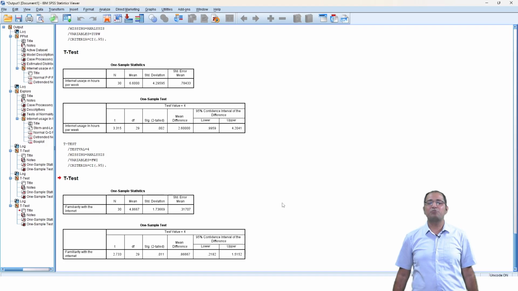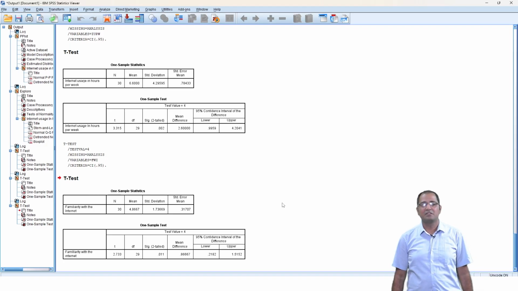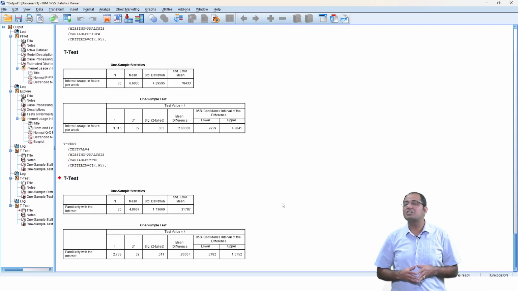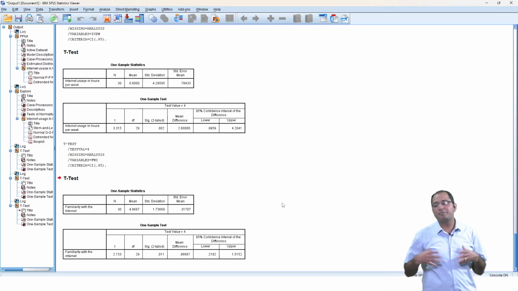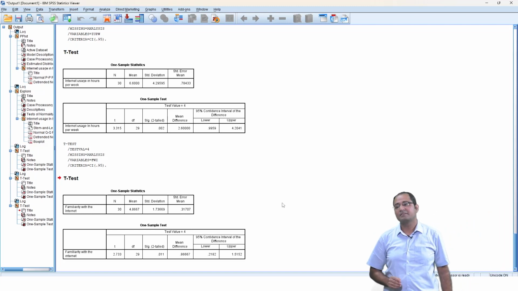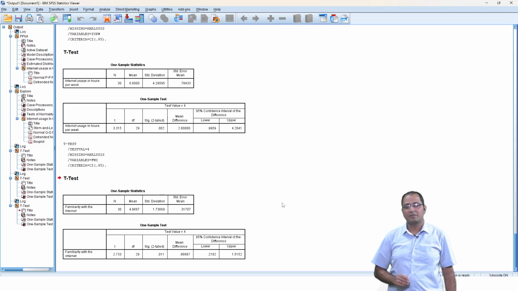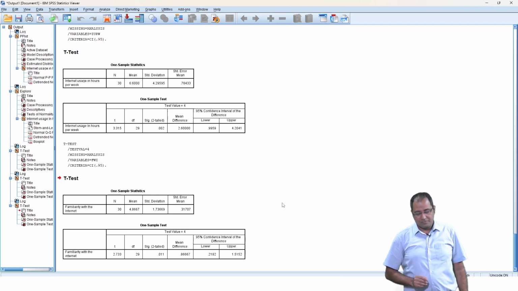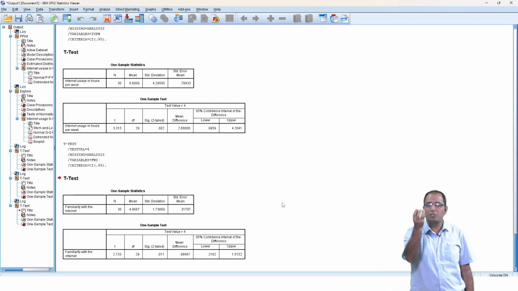Now if this would have been whether the mean satisfaction of customers, Uber customers, on a scale of 5 is greater than 4, now we are looking at the positive direction only, not negative. Then for one-tailed, whatever two-tailed value you got, you have to divide it by 2.